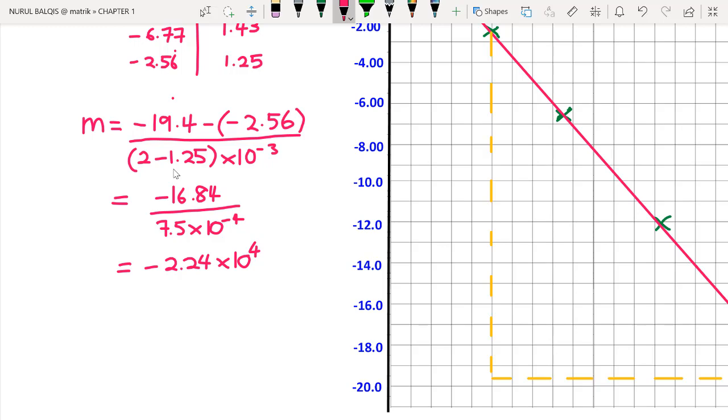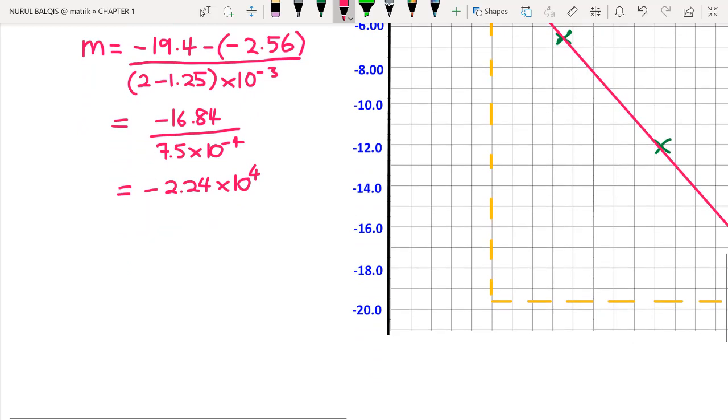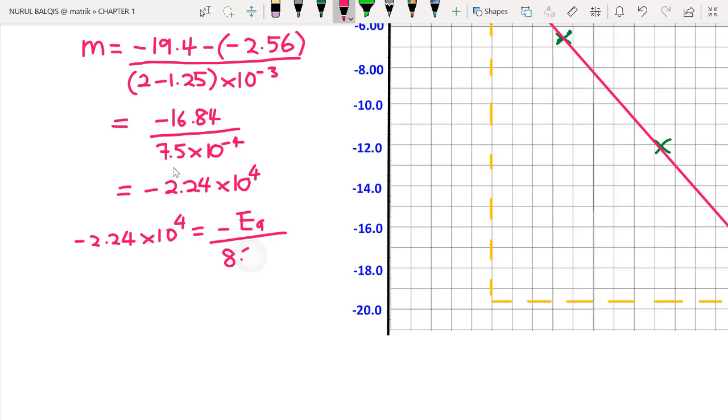But this is not our final answer. We still need to take this value and relate it to negative Ea over R. So, negative 2.24 times 10 to the power of 4 is equal to negative Ea over R. We want to find our Ea, and we already know our R value, which is 8.314 J per K per mole.